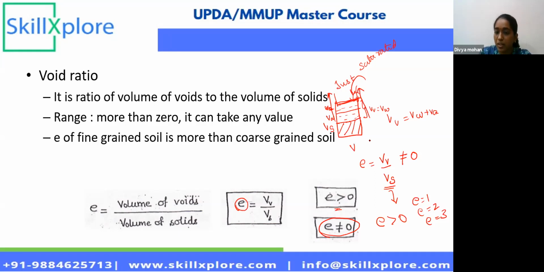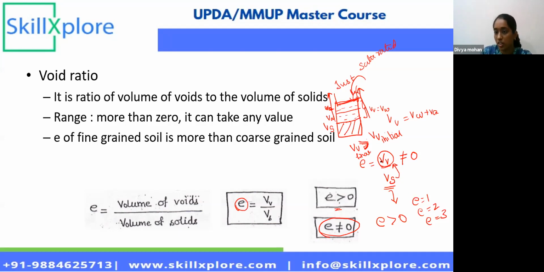So Vv will increase, and the final Vv will be much greater than the initial Vv. So Vv may change, and that's why e can take any value.